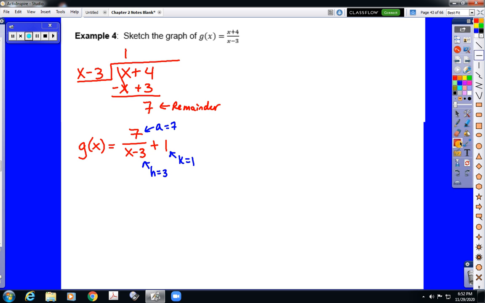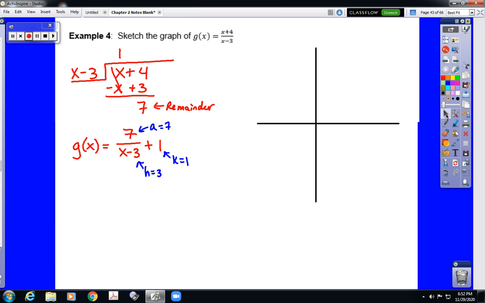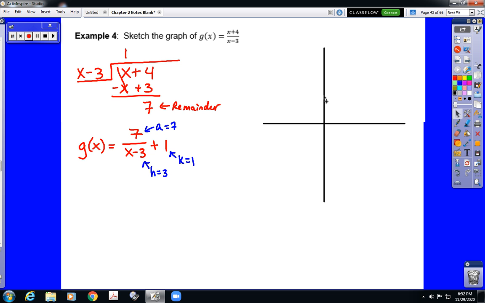Now this graph is going to require a bit more because of that vertical stretch of 7. We're going to need a slightly larger graph than we've had before. We've got a shift to the right of 3 units and a shift up of 1 unit. So what I'm going to do is mark this off by 2's. So 2, 4, 6, 8, 10, 12.